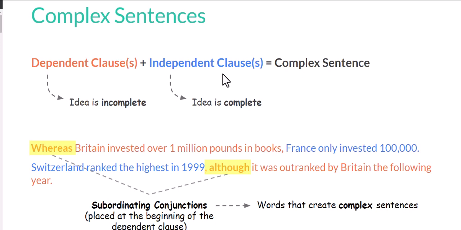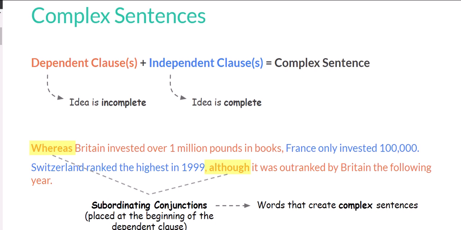We use what are called subordinating conjunctions. We will talk about them very soon, but first let's read an example to get an idea of the complex sentence.